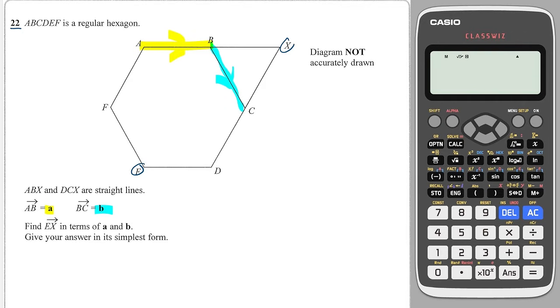Well, because this is a regular hexagon, we can draw on lines like this, all of which will be the same length.